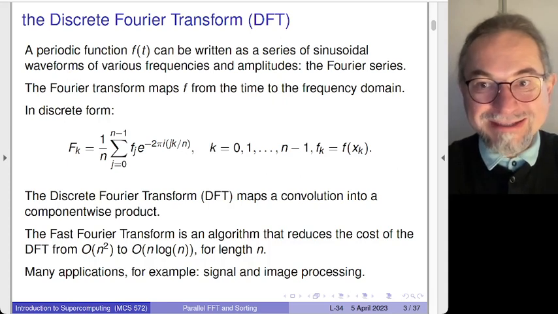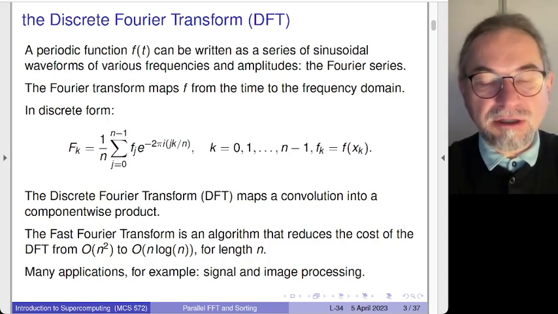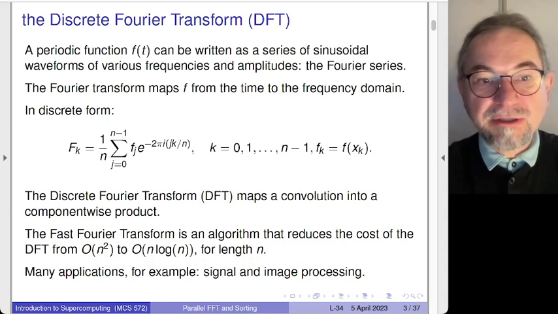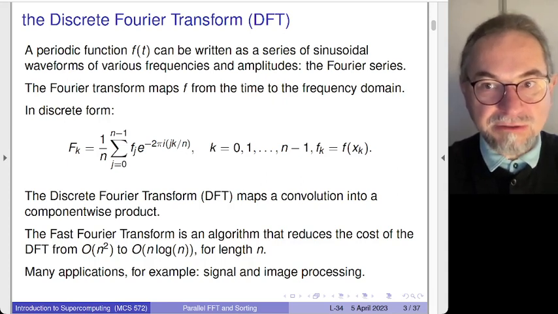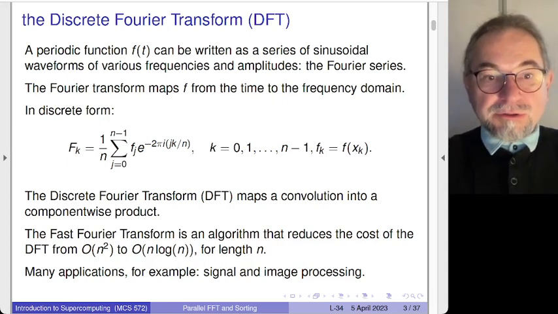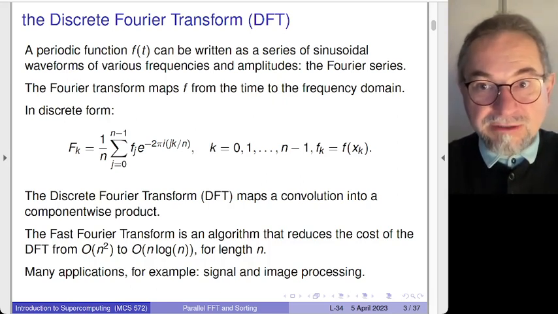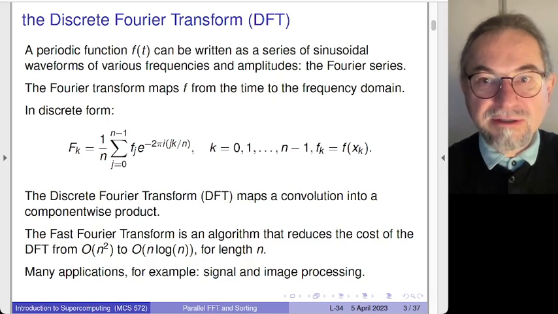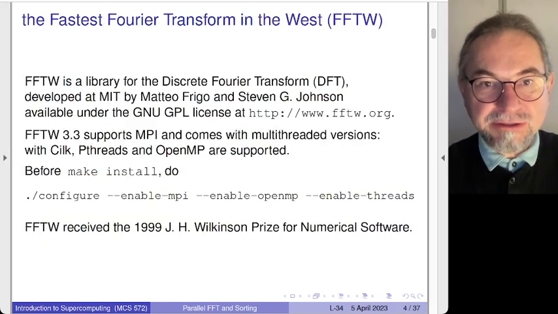Then the time is 10,000 and not 1,000 times 1,000. So there is a significant reduction by using the fast Fourier transform. The fast Fourier transform has many applications, in particular signal processing and image processing.